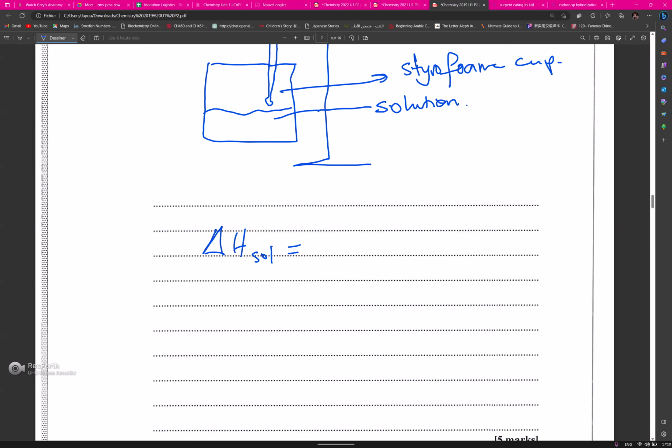How do you calculate the heat of solution? Asking you guys. Nobody knows how to calculate the heat of solution? Or do we?